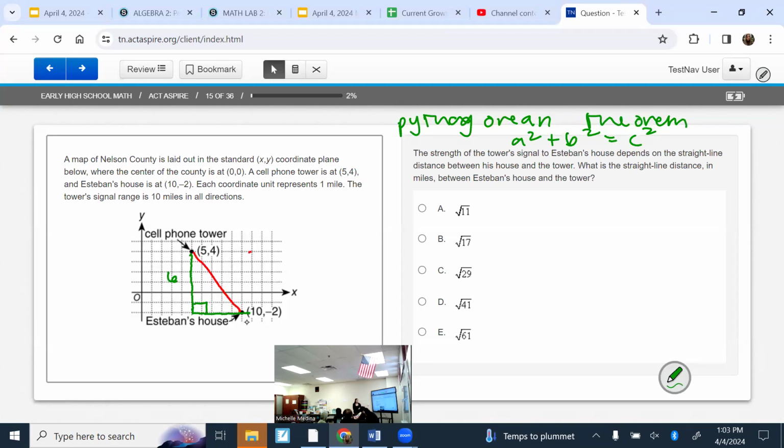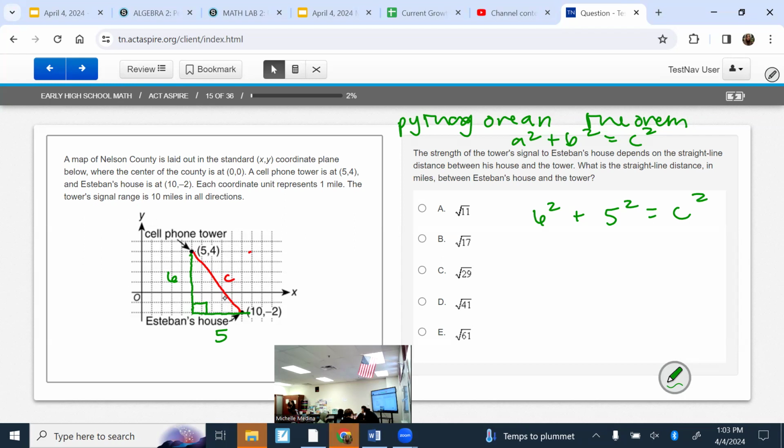That's gonna be my A and my B. C is what's missing, that's what I'm trying to figure out. It wants to know the distance between these two. So if I plug this into Pythagorean theorem, I can solve for that. A being 6, B being 5, equals C squared, I can start solving.